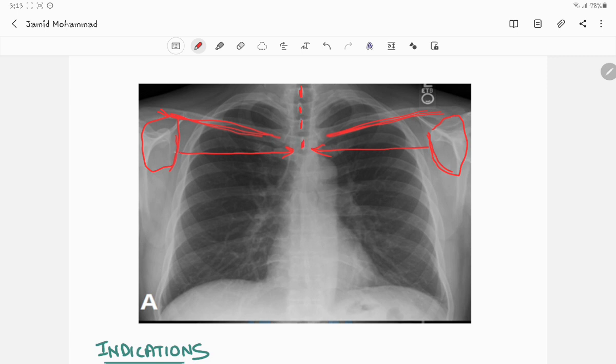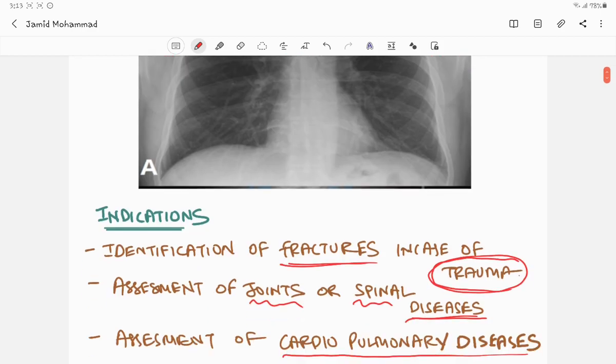So the distance between the right scapula and the spinous processes and the left scapula and the spinous processes should be equal. By looking at this, we can declare that there is no rotation in the patient's body at the time of performing an X-ray.